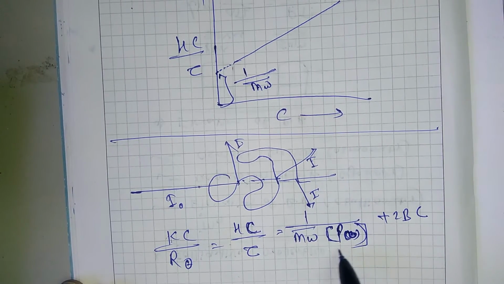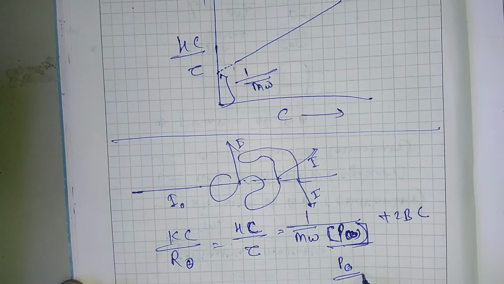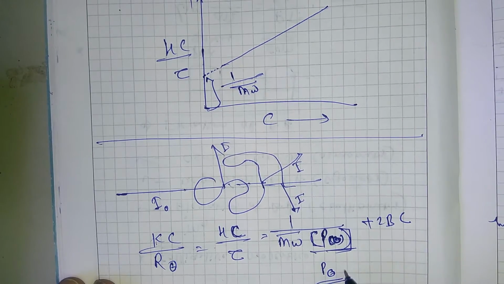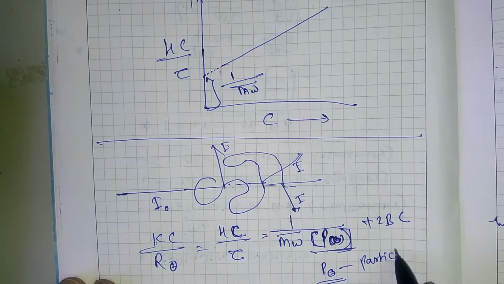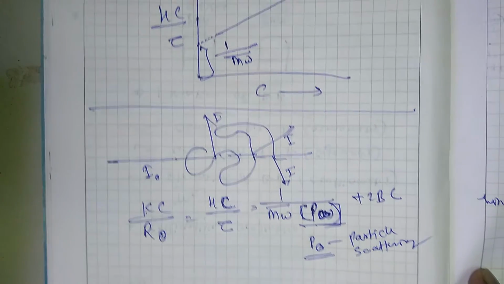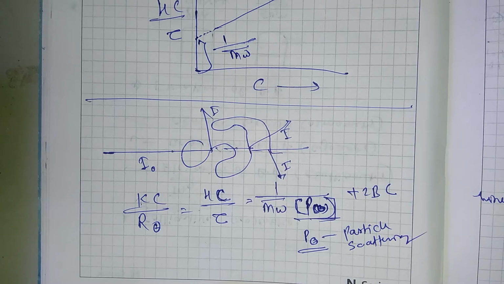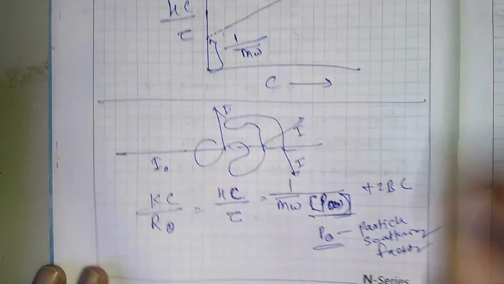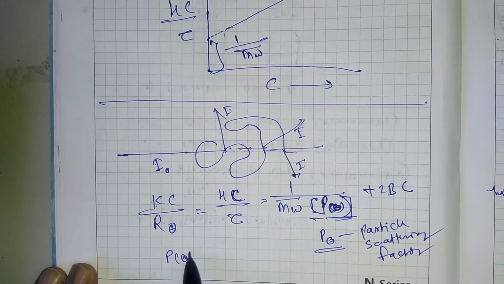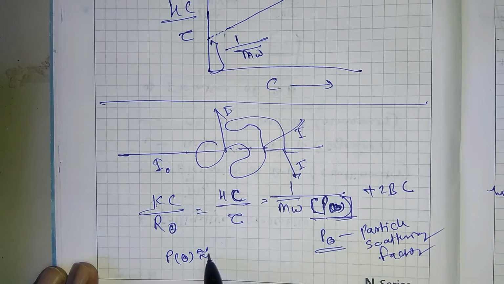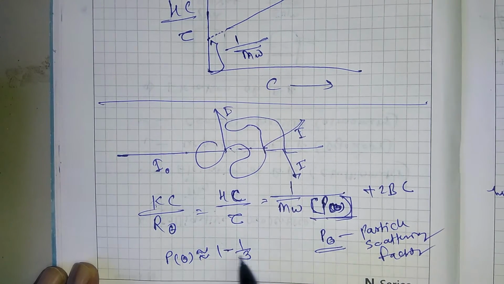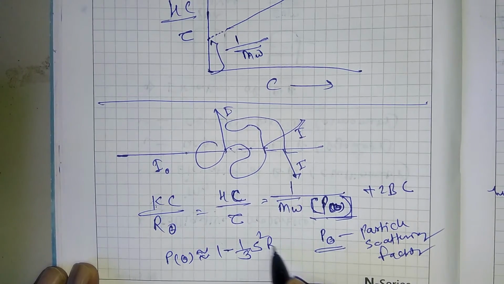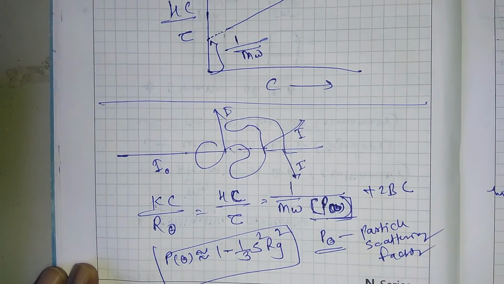Now here the factor P(θ) comes, and it is known as the particle scattering factor, and it has the value around 1 minus 1 by 3 s square Rg square. So this is the value.